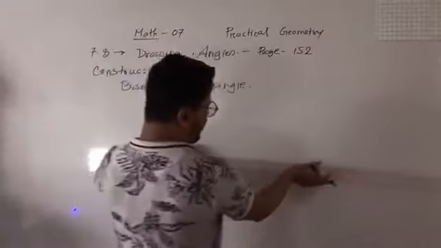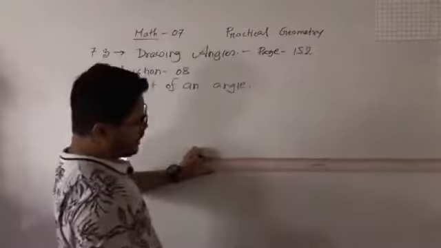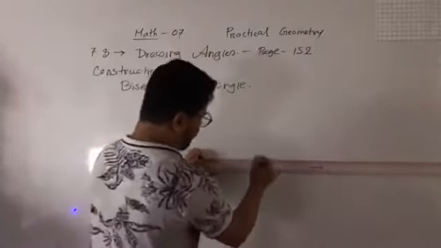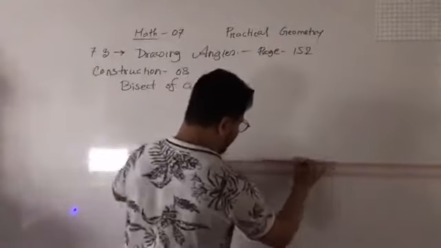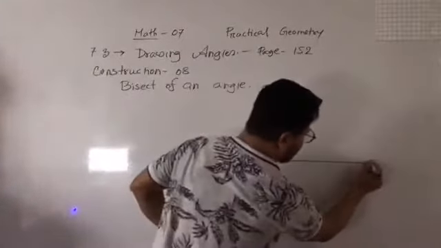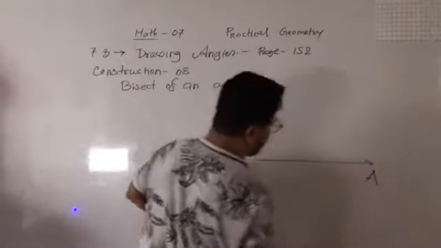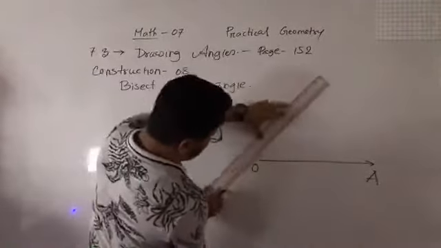Now draw any angle. Then systematically bisect the angle. This is the first ray. This is O, A, and another ray here.